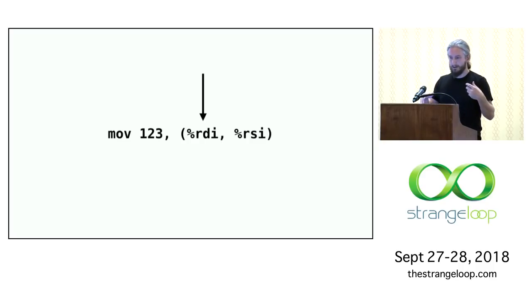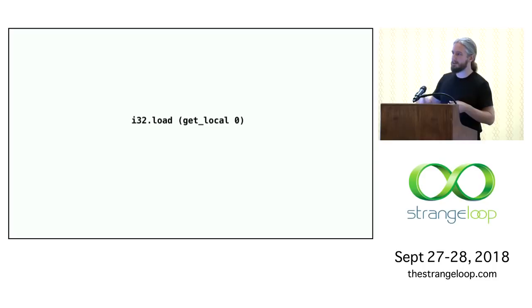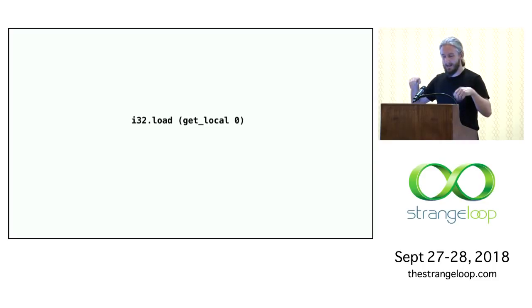Okay, I'm going to talk about the other part that makes this work in a safe way, and that's something called trap tables. Imagine that we have a WebAssembly operation that looks something like this. What this is essentially saying is: I want to load an i32, a 32-bit integer, from memory, and I want to get the address from local variable number 0.